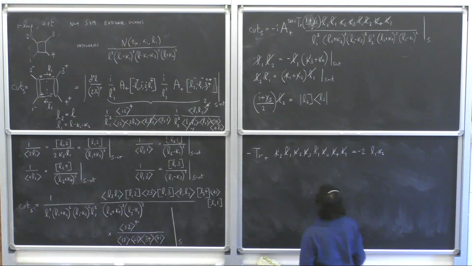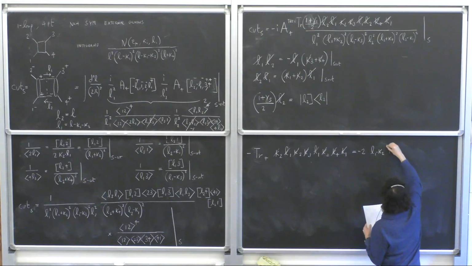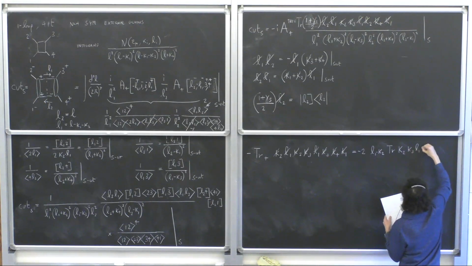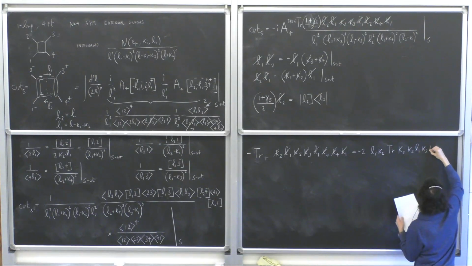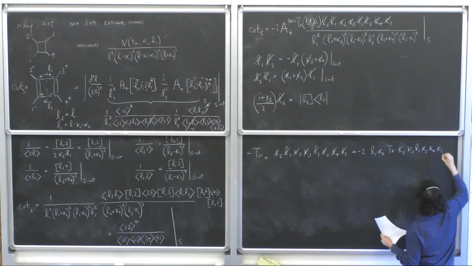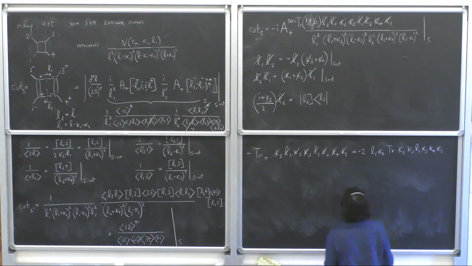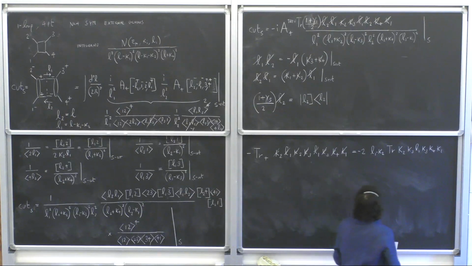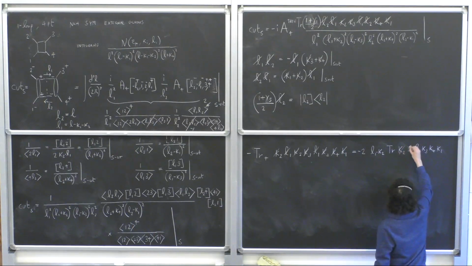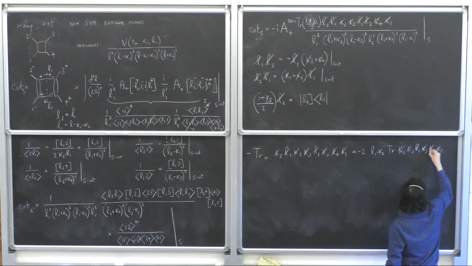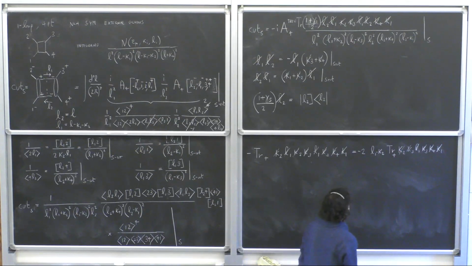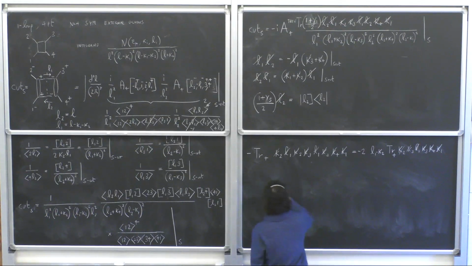So I've anti-commuted this, multiplying a shorter trace, K2, K3, L1, K3, K4, K1. Very good: 2, 3, L1, K3, K4, K1. And again, I remind you that there are gamma matrices in there.